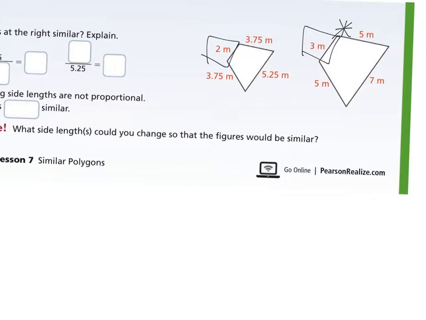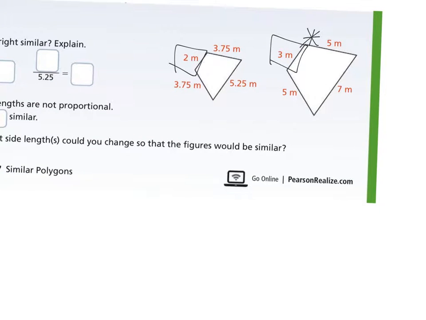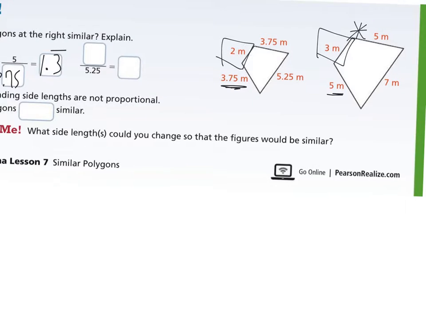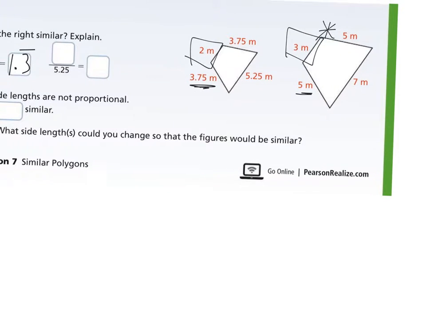If we do a 5, the 5 matches up with the 3.75. So 5 divided by 3.75, we're going to get 1.3 repeating. And then the last one, the 7 would match up with the 5.25, and if you divide that, you'll get 1.3 repeating also.